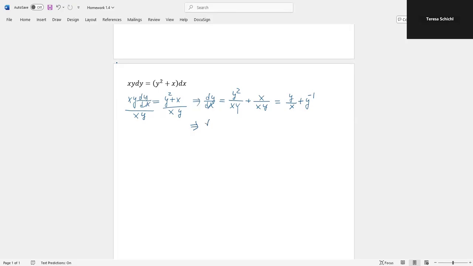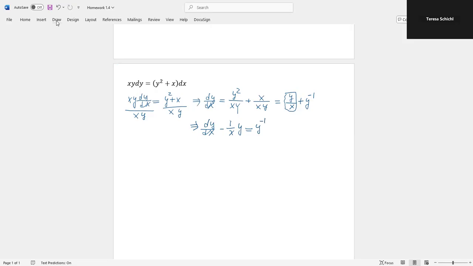So I will say this is dy/dx, and now I move this term to the left-hand side, so it will be negative 1 over x times y, equal to y to the negative 1.